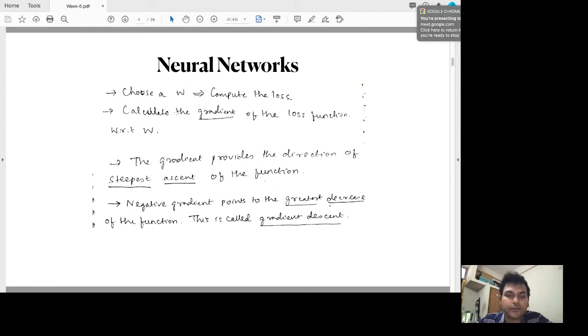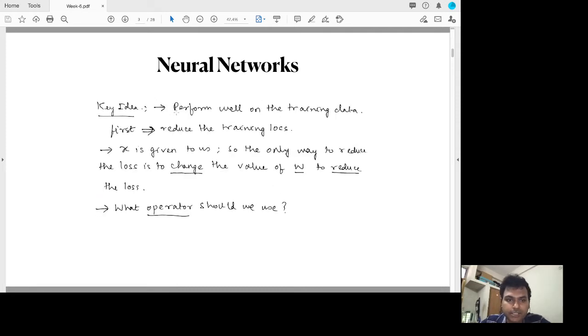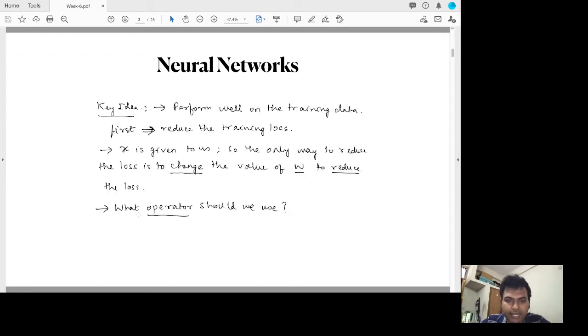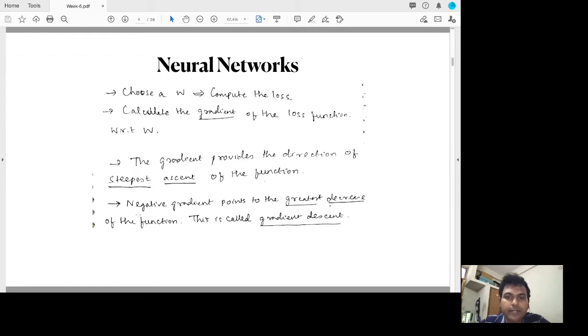So where was I? Yeah. So we choose a W. For that particular W, we go through whatever WX or some complicated versions of it, and for that particular input we get a particular y hat, which I showed here. From this y hat we compute the loss function, which again you will only decide.